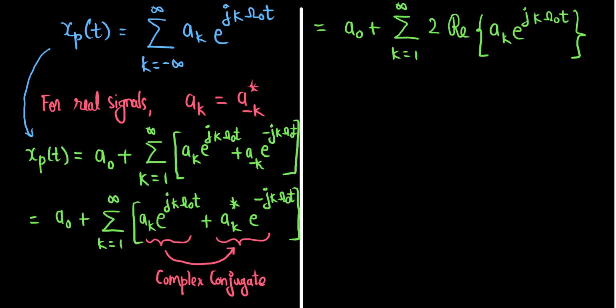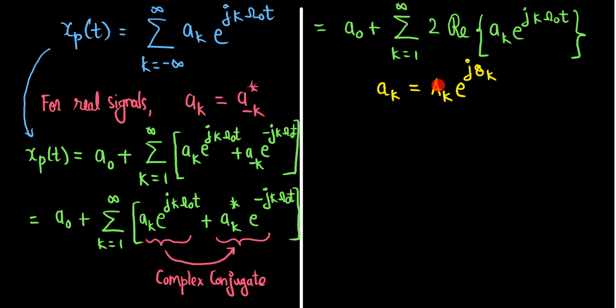So in general, let us represent this ak with the help of a complex number as capital Ak e to the power j theta k. I've considered this ak as the Fourier coefficient represented in polar form.